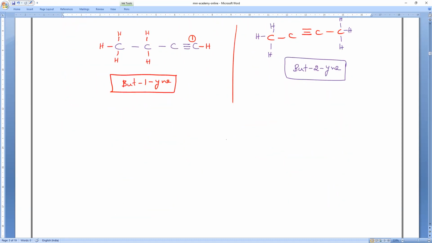Here also remember, what are isomers, everybody? They have different physical properties and some common properties. That is what we used to call isomers. Please remember, isomers: different physical structures, different physical properties and some common chemical properties.